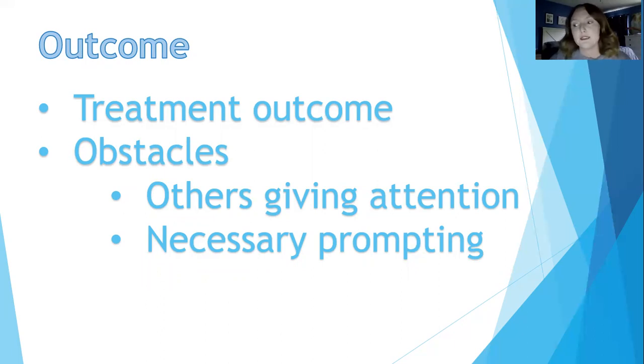The other obstacle was that due to some social situations, it was necessary to provide slight prompting and attention to the client and the behavior. Both of these obstacles proved not to interfere with the overall effectiveness of treatment, though, as instances of inappropriate touching have decreased to 0 and have been maintained for a long period of time now.